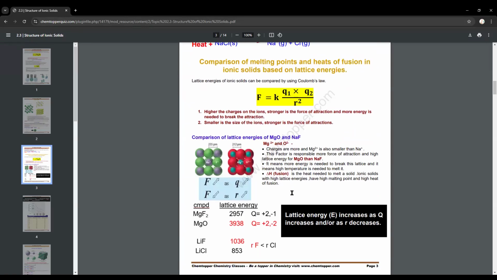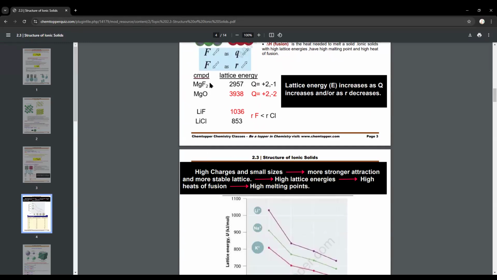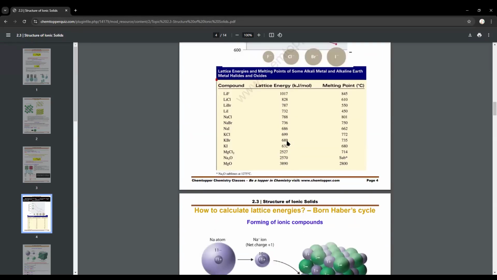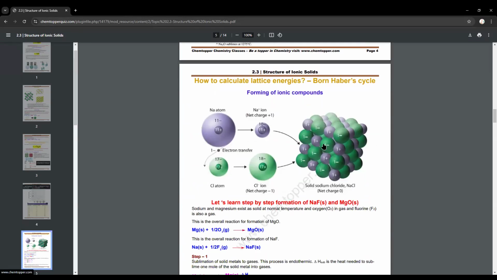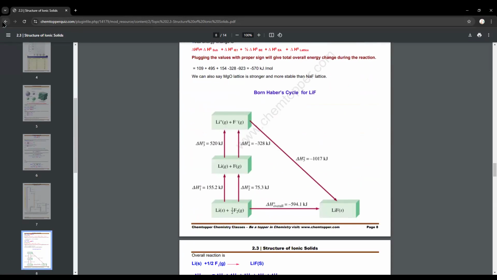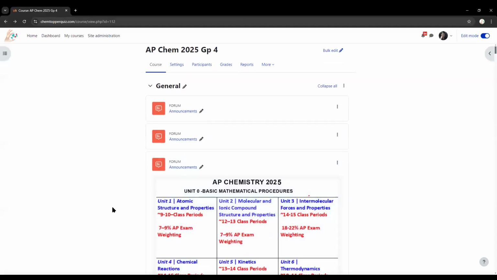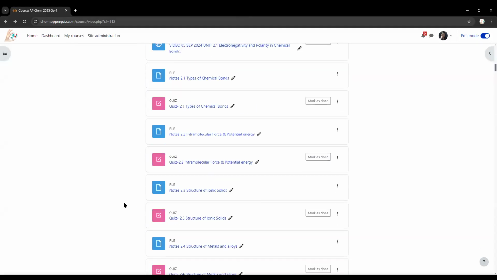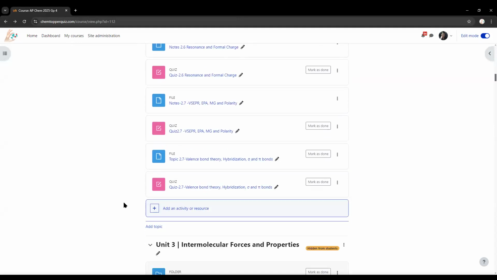Lattice energy, this is what you were learning from me just now. It's part of unit 3 as well as unit 2. So unit 2 and 3 are very overlapping. Don't worry, we'll cover everything. That's why AP is very vast, but it's not difficult.